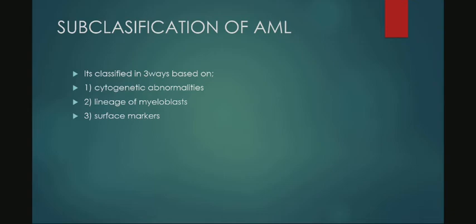The management is based on giving an agent that stabilizes this retinoic acid receptor so that the immature promyelocytes can later mature and become mature myelocytic cells. The commonly used agent is all-trans-retinoic acid. That's something worth mentioning about acute promyelocytic leukemia. So that was under cytogenetic abnormalities that you would be able to identify.